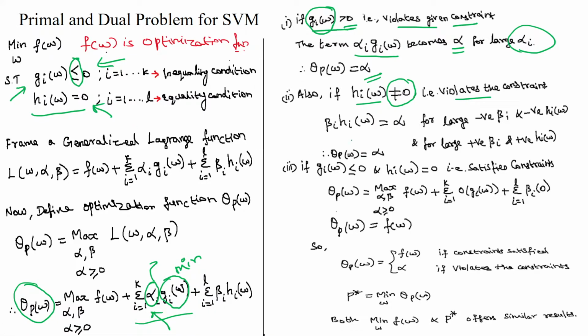So here also, when we increase the value in the negative way for beta, with hi of w also negative, you will keep increasing in the negative way both beta i and hi, and you will get positive values.